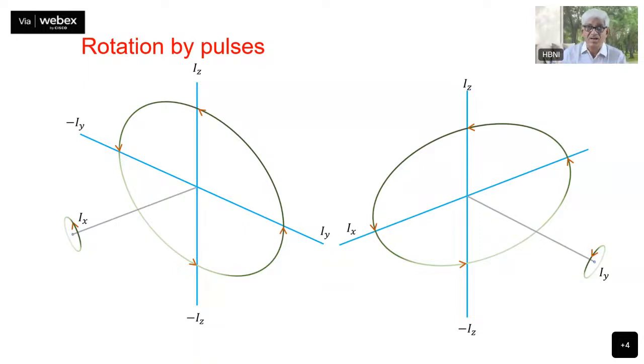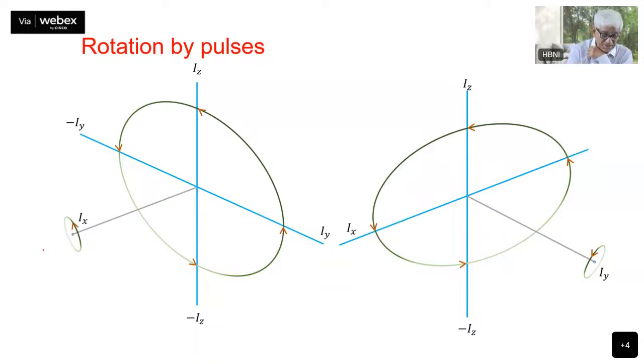Rotation around x and y, these are from the pulses, because you apply the pulses along the x and the y directions or anywhere in the transverse plane. Therefore, when I say pulses, I focus attention only on the transverse plane, x or y. And then it indicates how the various individual pulses transform here. So what is the rotation here?